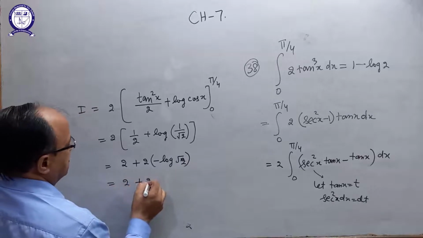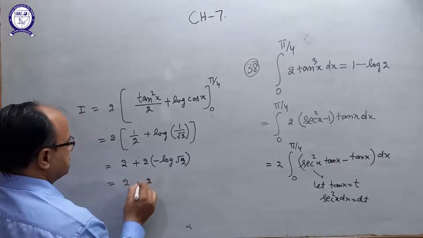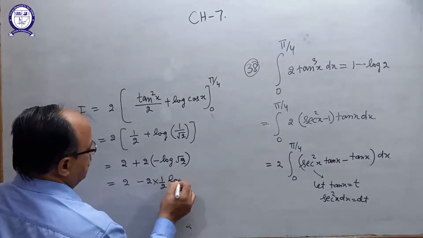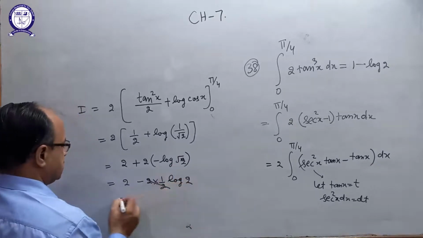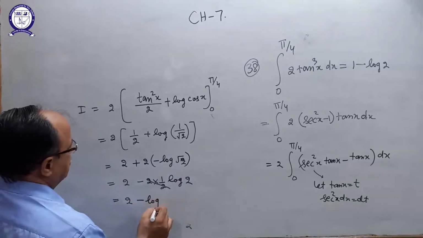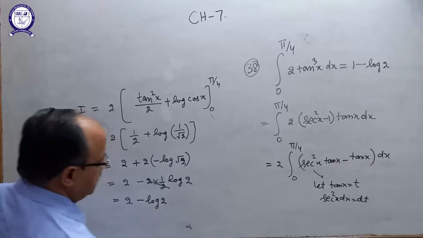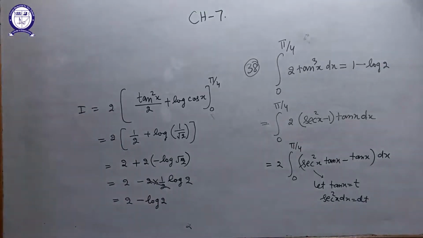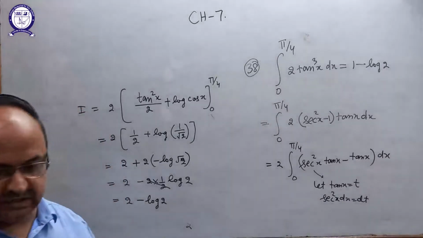Then 1 by 2 minus log of 1 by root 2, and you know that property, 1 by 2 log 2 will cancel, leaving 1 minus log 2. Clear? Check again.